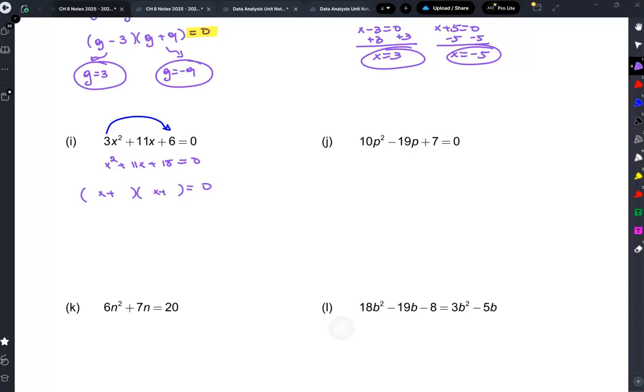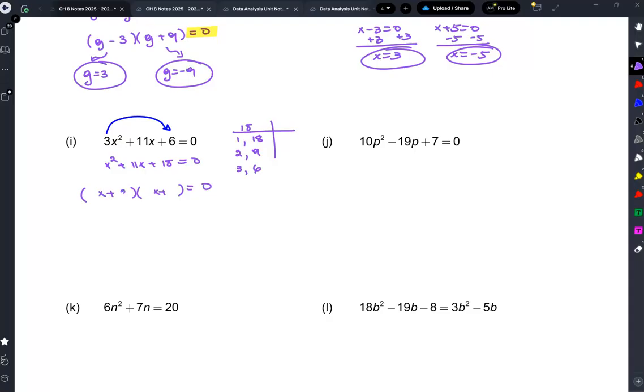What do we think? It's 1 and what? 10. 1 and, oh, 1 and 18. 2 and what? 9. 3 and what? 6. Do we have a winner so far? No? I see one. Which one?